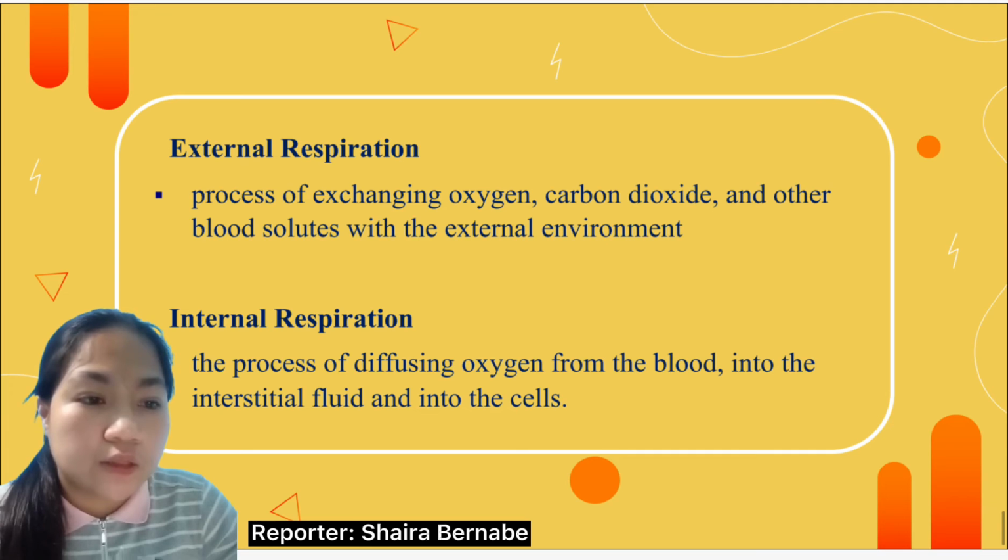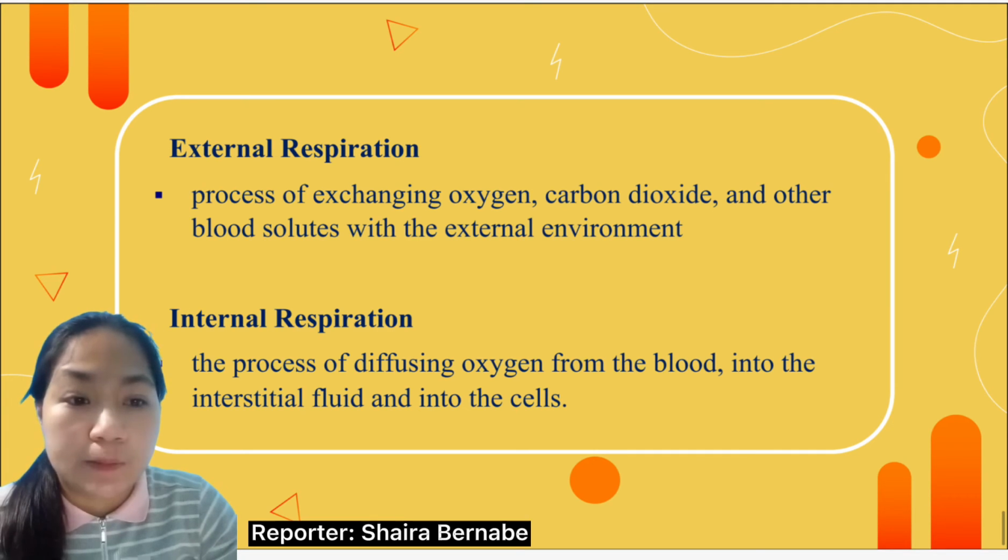Once inside the cell, the oxygen is used for producing energy in the form of ATP, or what we call adenosine triphosphate. So I have some examples. For external respiration, a large water buffalo exchanges oxygen and carbon dioxide in the lungs.